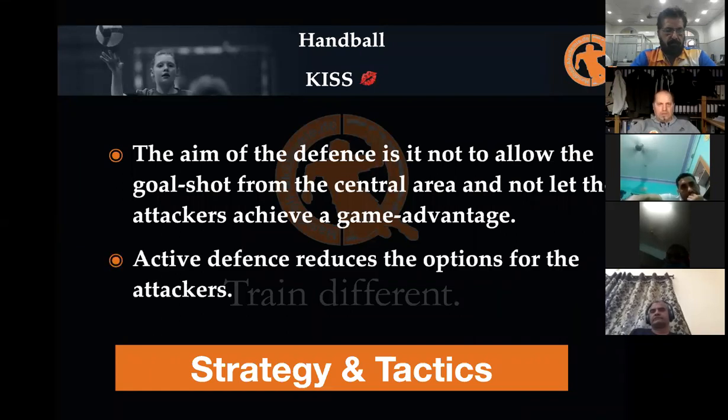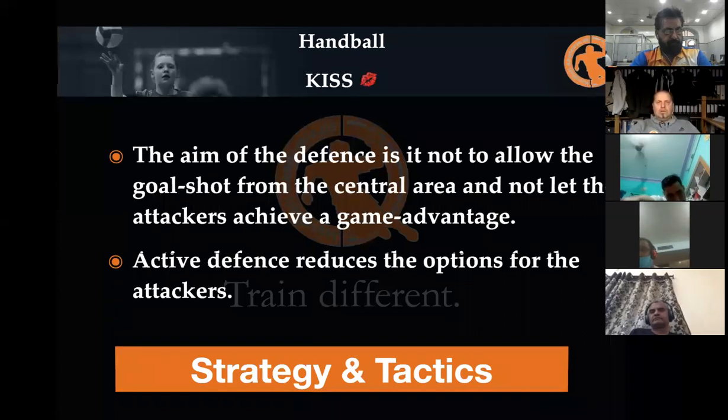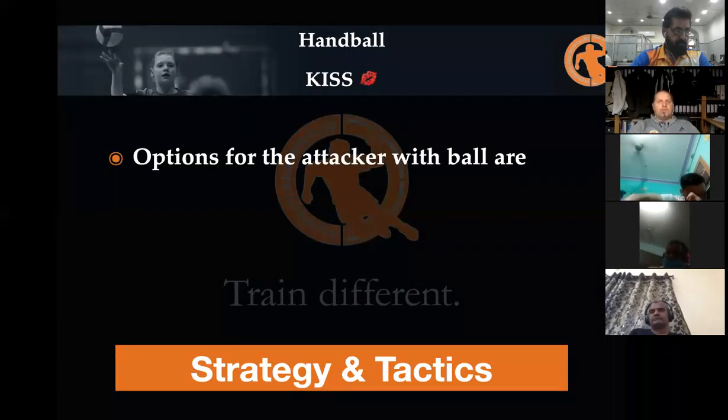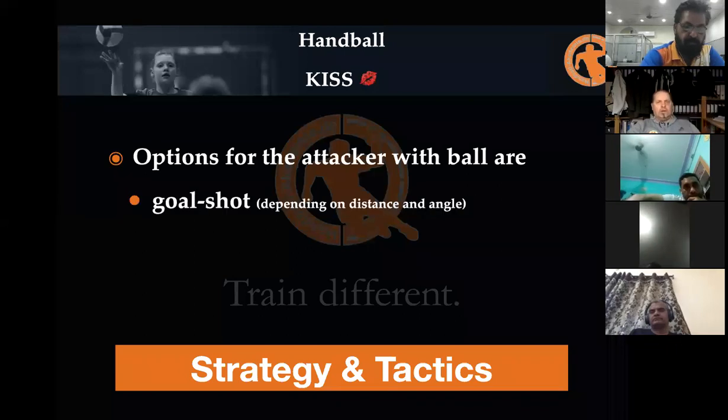And an active defense, additionally, reduces the options for the attackers, especially the options for the ball possessor. And this is something we need to specify a little bit. What are the options for the attackers, especially with the ball? First of all, and most dangerous for the defense, is a direct goal shot.